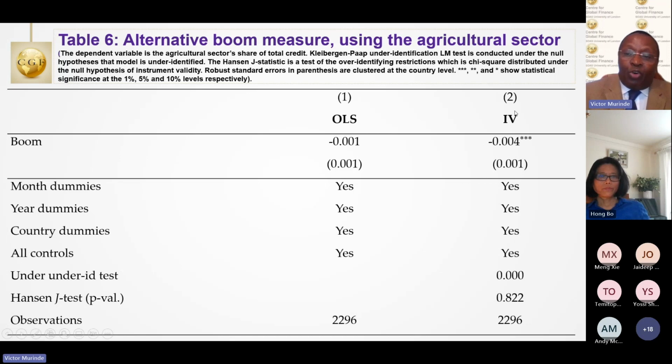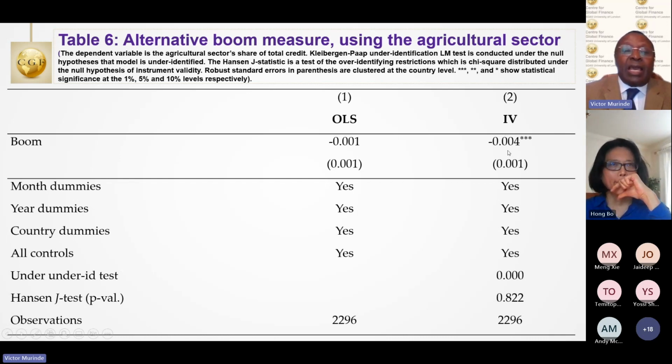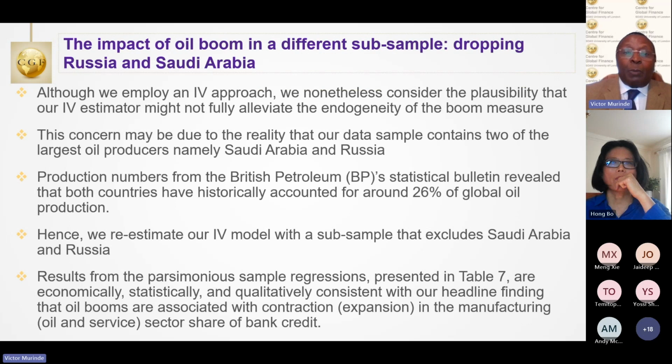As we mentioned before, these are results that benefit from the instruments we designed, and they show the same negative impact on the tradable sector that we saw in the previous results.